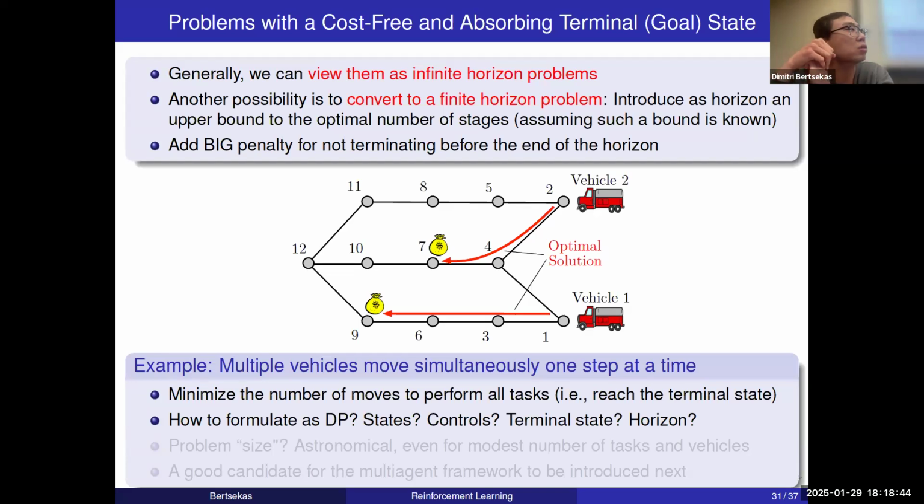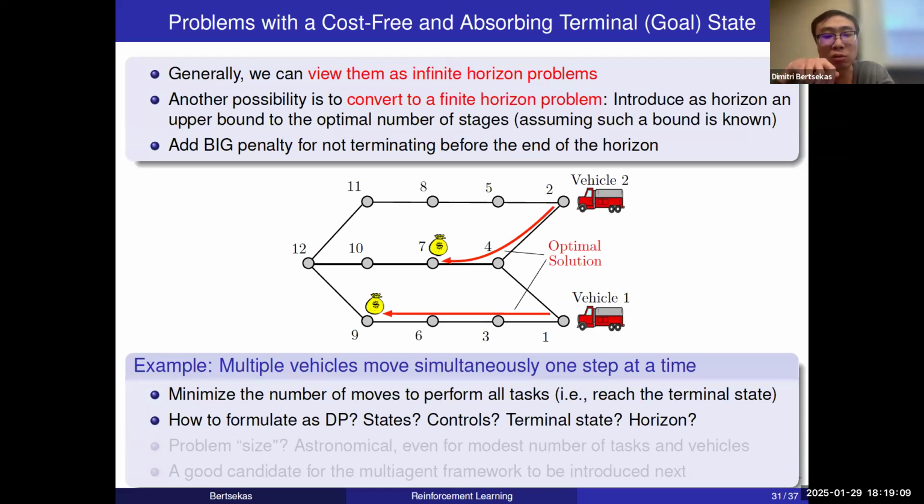So what is control in this problem? Yes, so it must be the product, so all the ordered pairs of moves that vehicle 1 and vehicle 2 can make next, given the current position.